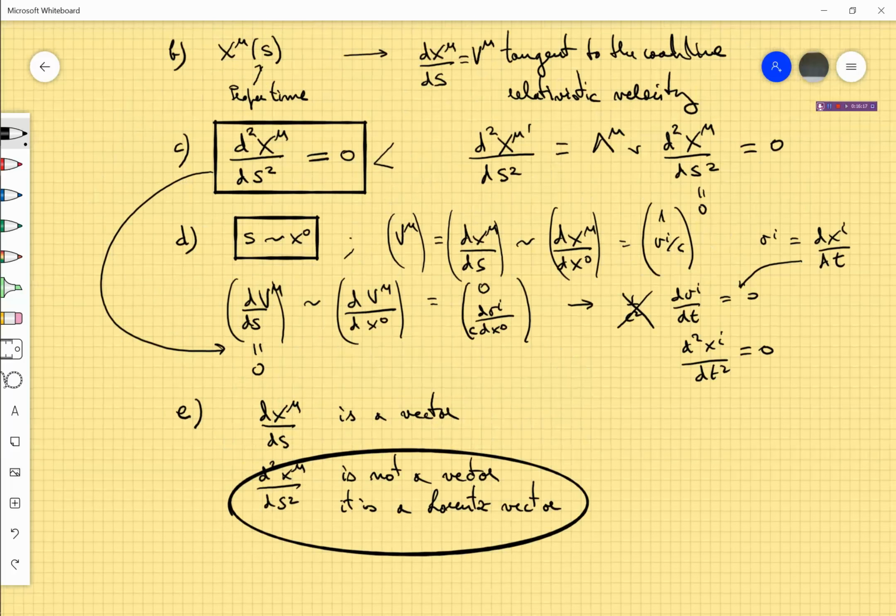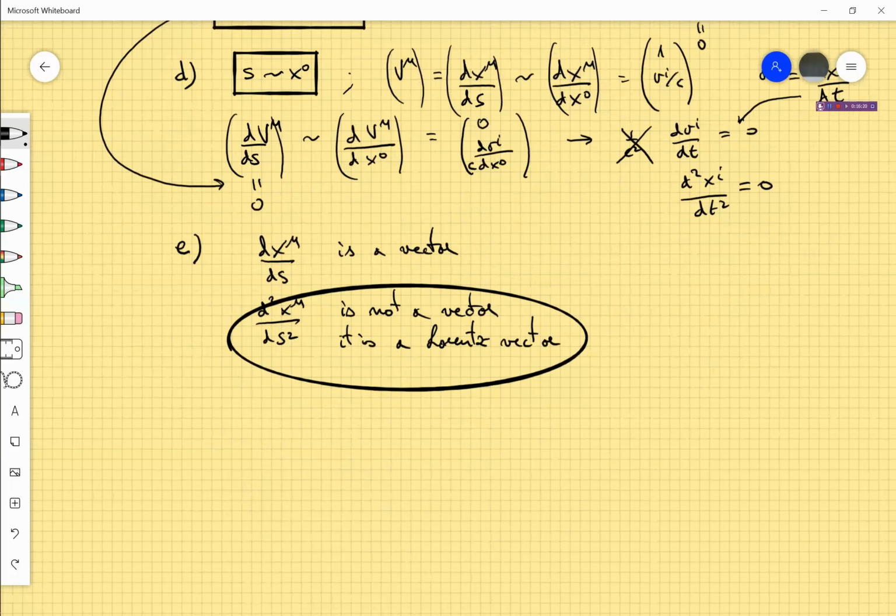Now that we have found the generalization of the law of inertia, we can generalize the second law. The second law is this one in Newtonian physics, and as you know, this is basically a definition of the force.